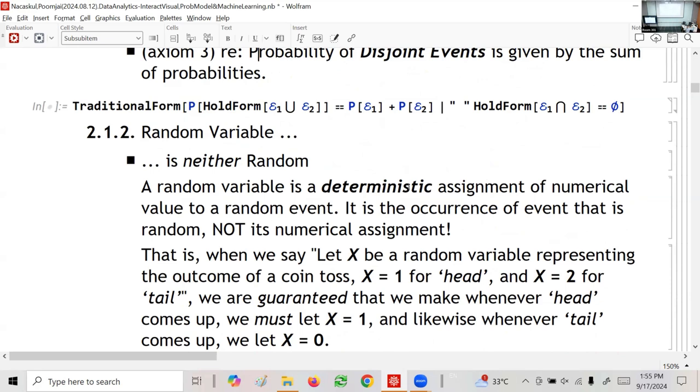Instead of the probability of head or tail, you say the probability of 1, the probability of 0. So now the rule is set. What's the 3 rules again? Non-negative, total 1, and disjoint can add. That's the rule. Mathematician, have fun. That's it, literally. We just say mathematician, have fun.